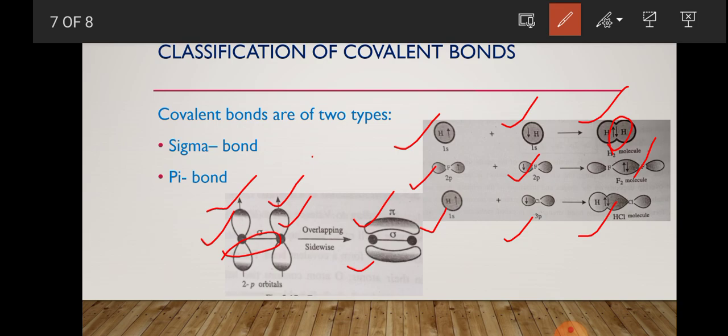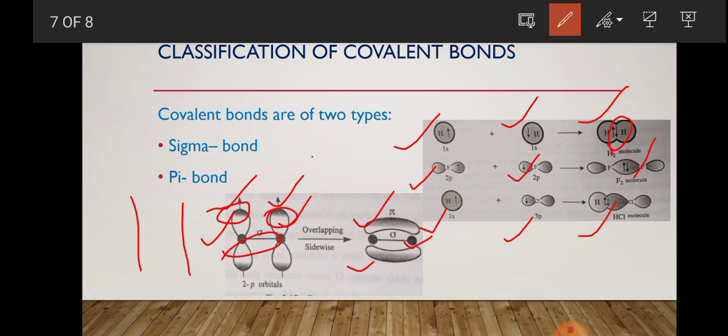After formation of the sigma bond, the sidewise overlapping of two parallel p orbitals forms a pi bond, with two lobes above and below, and the region of two electrons is shown.